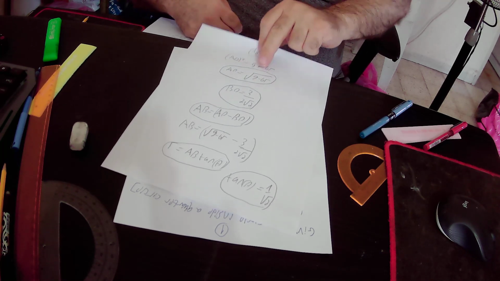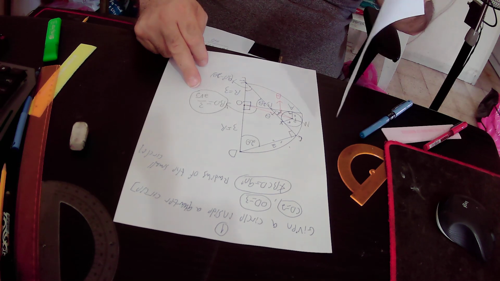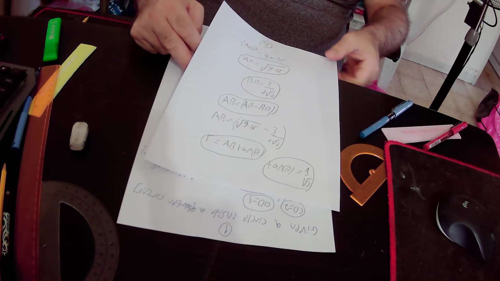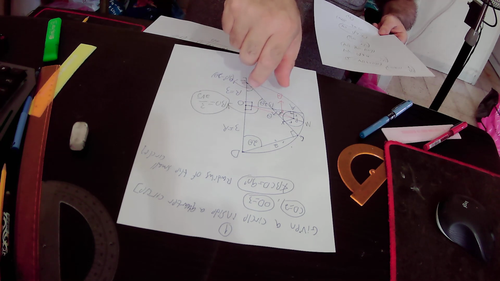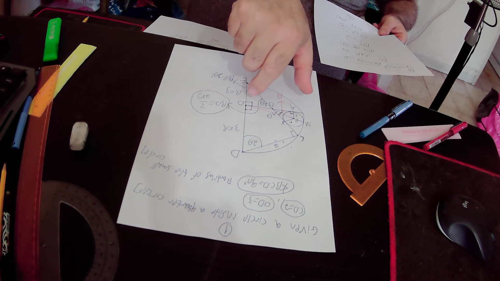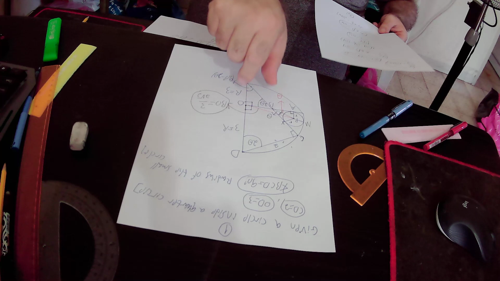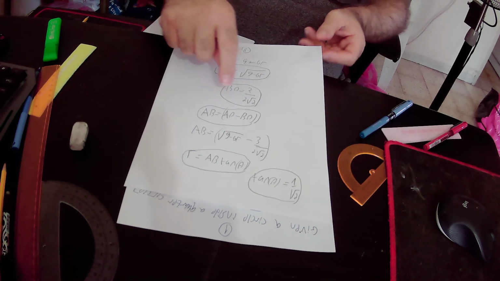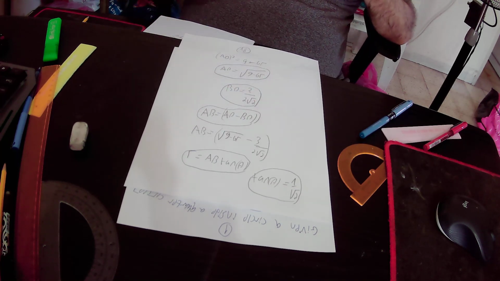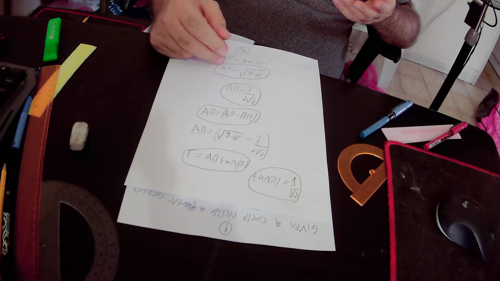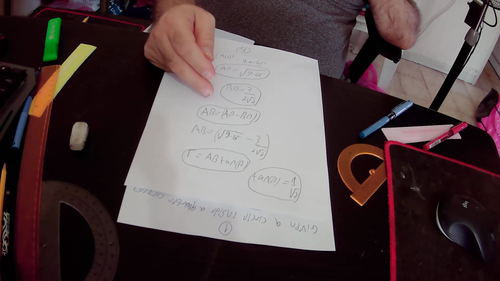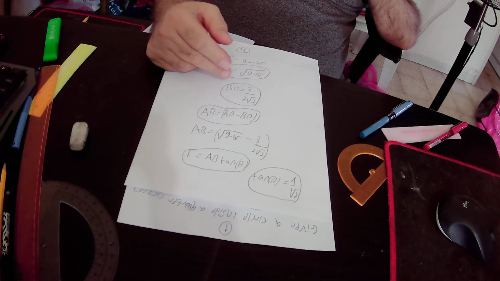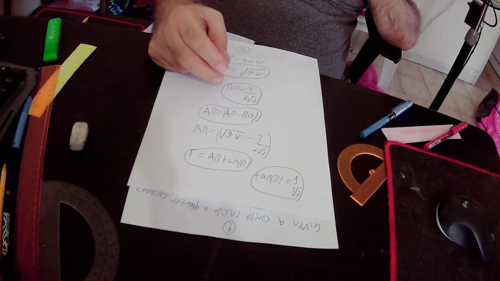And we have already found that BO equals 3 over 2 times root 2. So what is the value of AB? AB equals AO minus BO. We already have the values of AO and BO, so we substituted AO and BO by their values.